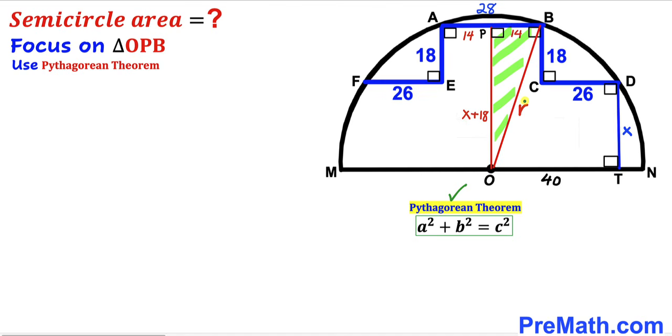In our case, our hypotenuse is lowercase r, whereas our two other legs are 14 and x plus 18. Let's fill in the blanks in this formula. So we got (x plus 18) whole square plus 14 square equals r square.